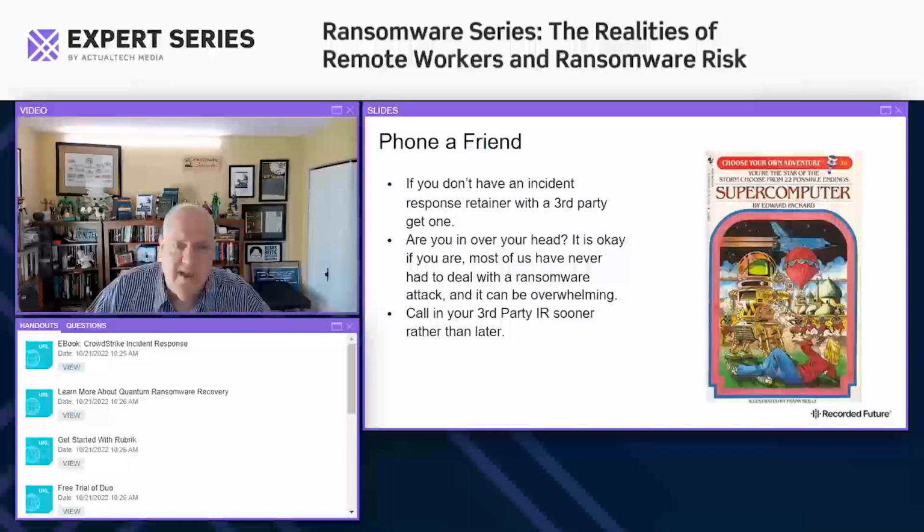Most organizations, when you have that retainer, will do everything they can to get somebody out to your site as quickly as possible, and likely a team of people. But again, having that retainer affects the scope, the total amount of effort they're going to be able to put in. So bringing them in is going to help.